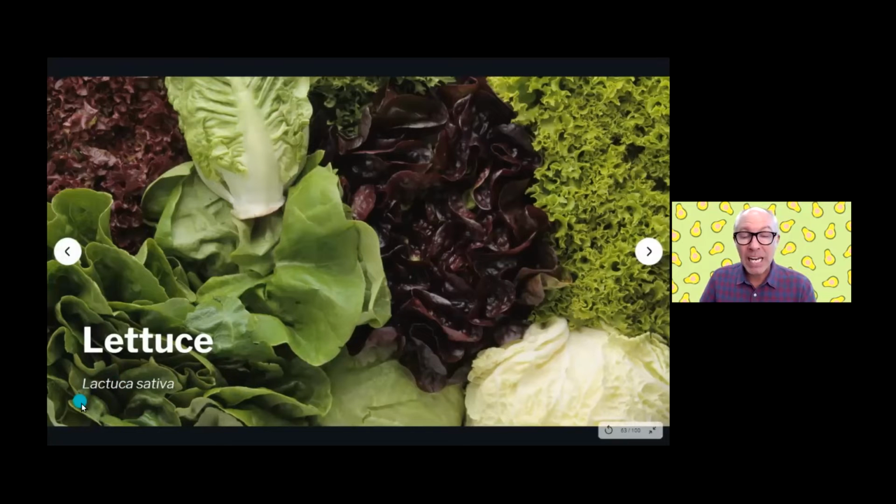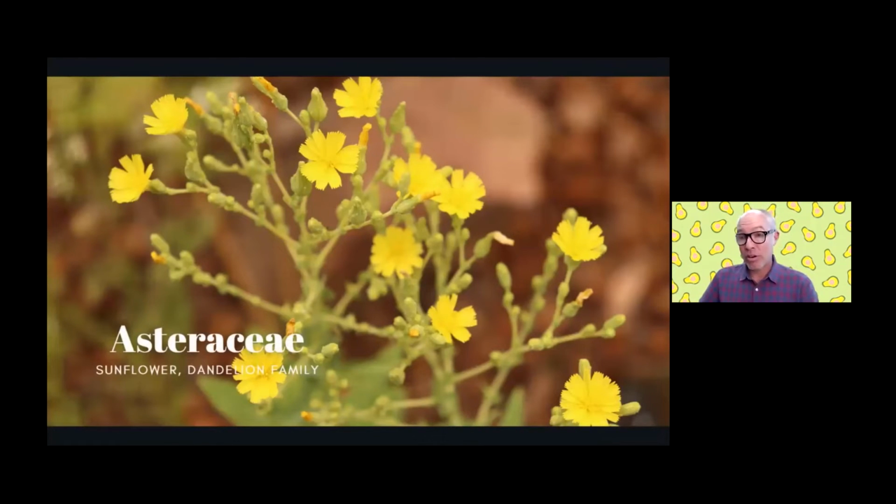Lacto, meaning milk, milky. Sativa, satisfying, edible, a crop. Lettuce is actually in the sunflower family. You can see here the flowers of lettuce look something like a dandelion or a hawksweed or a marigold.